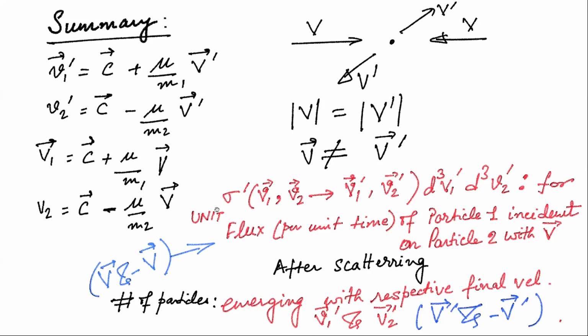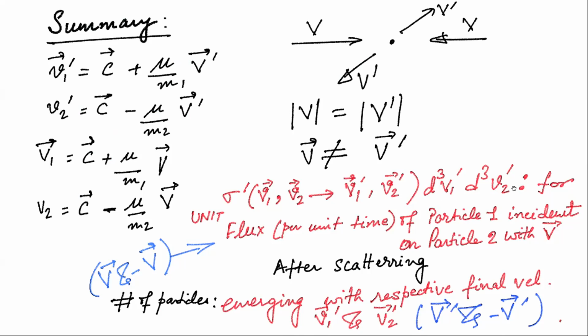So that will lead to a differential in f of v1 and f of v2, if you integrate over the final velocities, because they're going into different v1 dash and v2 dash.